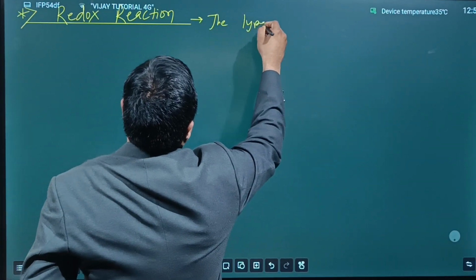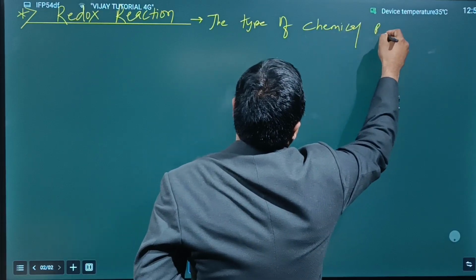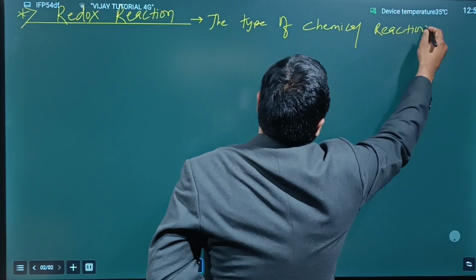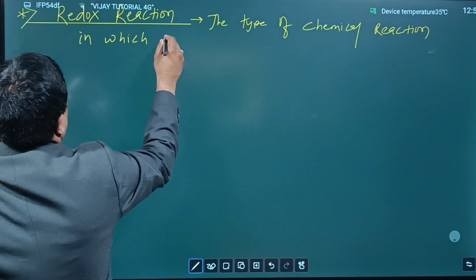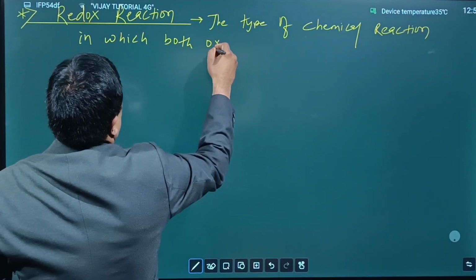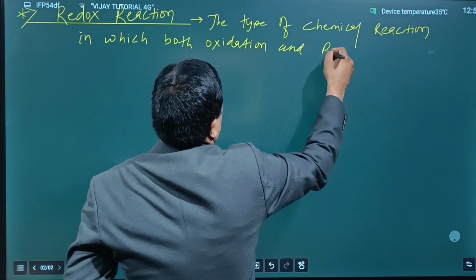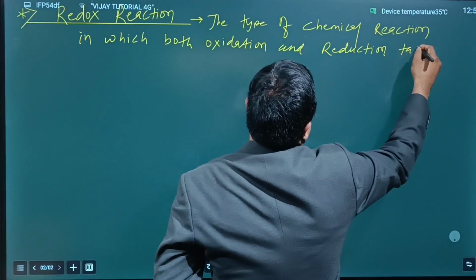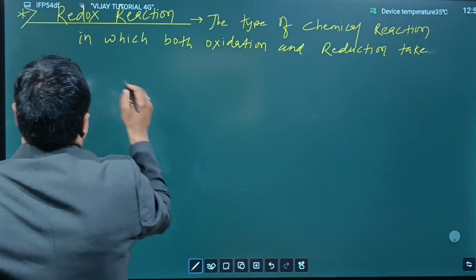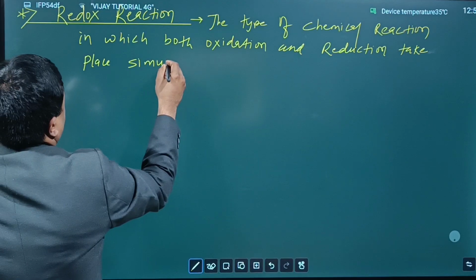The type of chemical reaction in which both oxidation and reduction take place simultaneously.